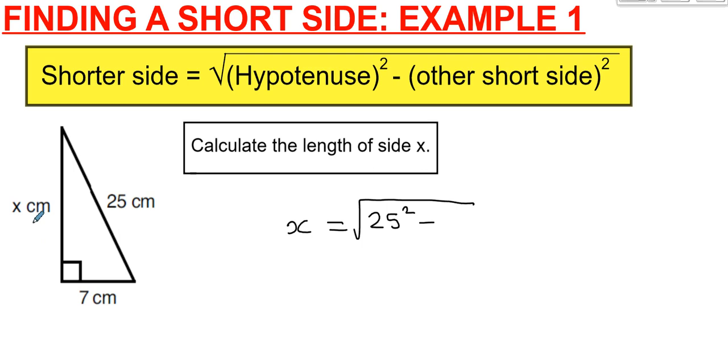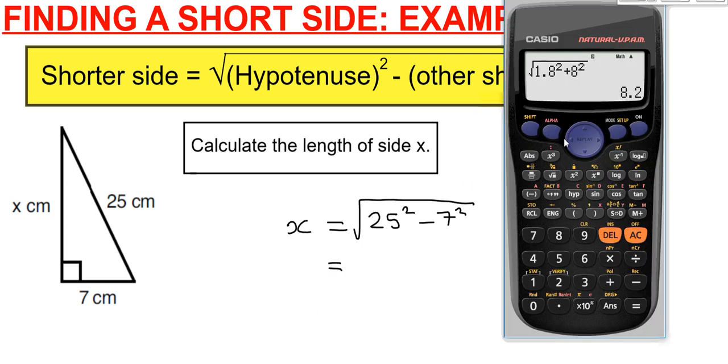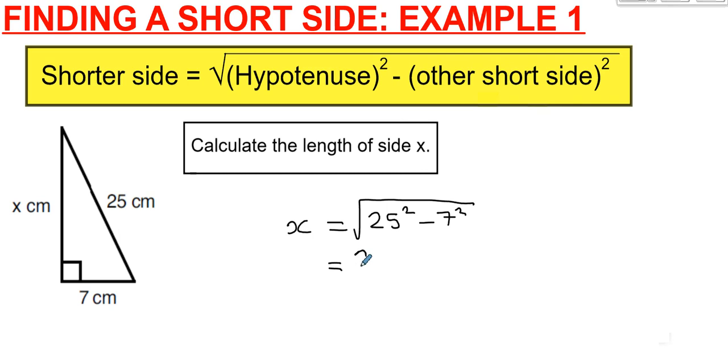The two short sides are x and 7, so it'll be 25 squared minus 7 squared. If we just pop this into our calculator, 25 squared minus 7 squared, you should find that's 24 centimeters.